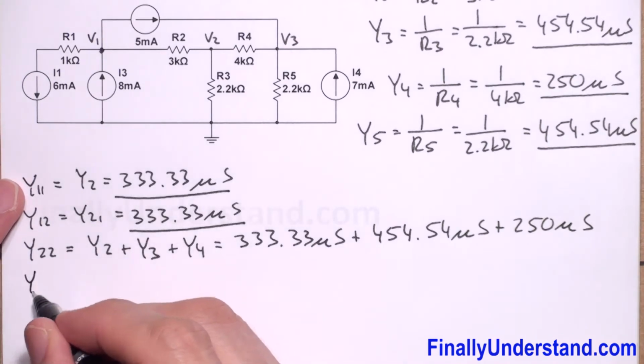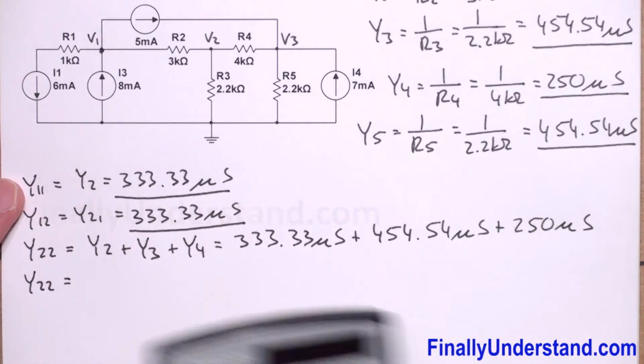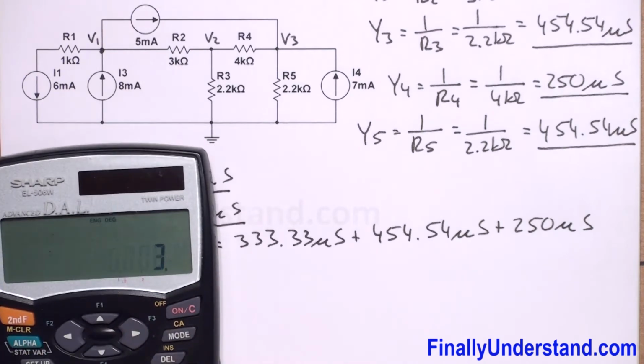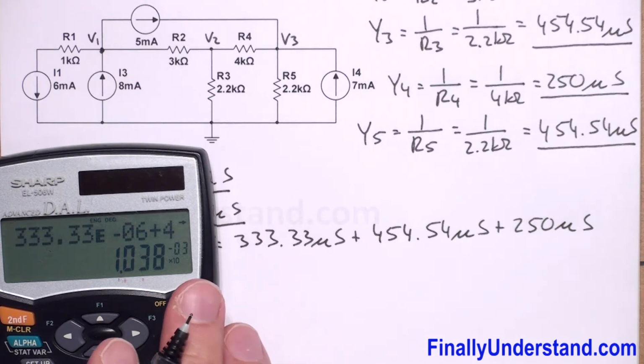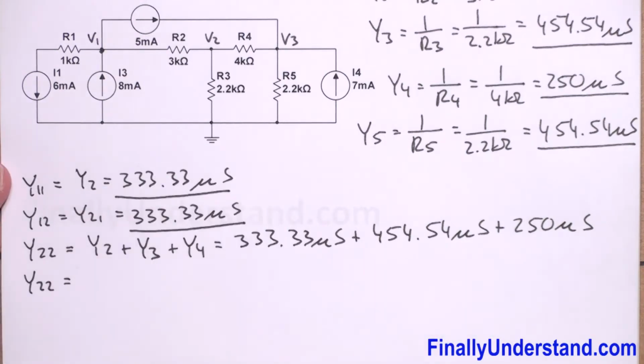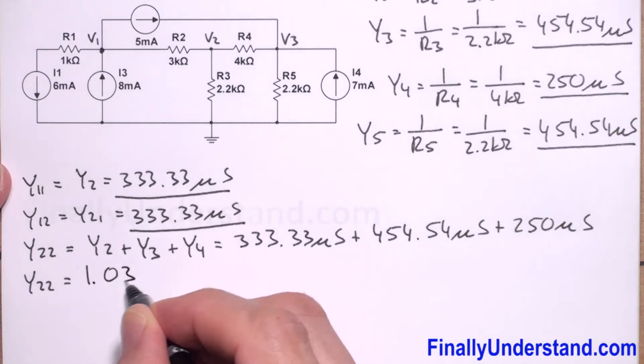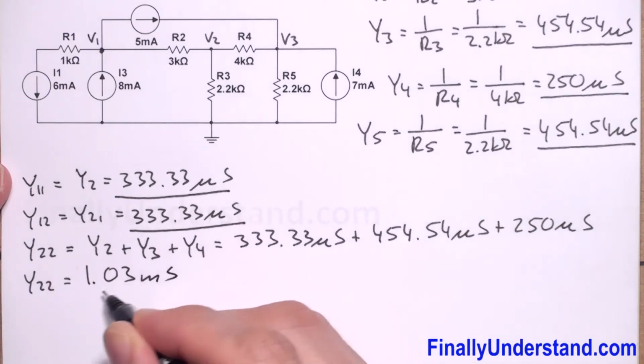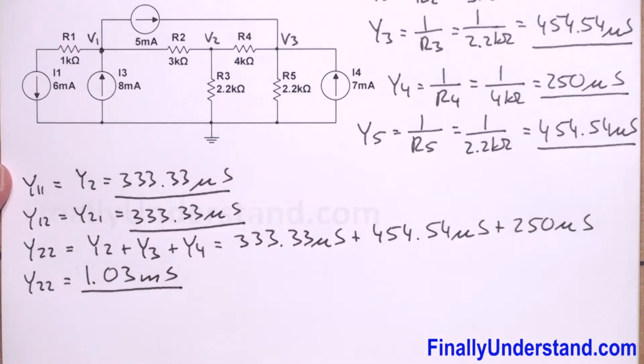So Y22 is equal to 333.33 times 10 to the negative 6 plus 454.54 times 10 to the negative 6 plus 250 times 10 to the negative 6. This is equal to 1.03 millisiemens. This is my Y22.